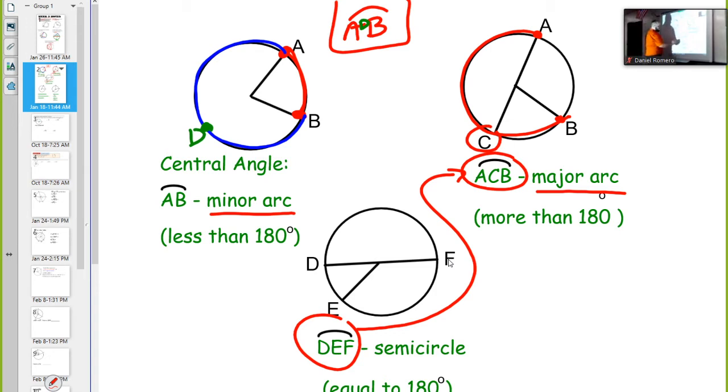So like D, E, F, we start at D, end at F, and go through E. But I've also sometimes seen semicircles named with 2 points. So for all intents and purposes, since we have no other points there in the middle, you could still call it DF and get away with it, and it would still be a semicircle.